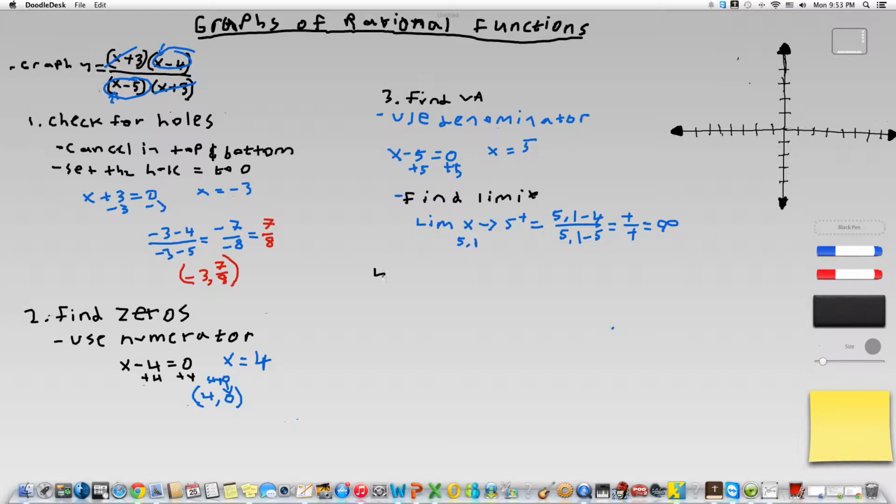And for the next step, we're gonna find the horizontal asymptote. And to find the horizontal asymptote, we're looking at the degrees. The numerator and the denominator have the same degree, so the asymptote for this case is 1.